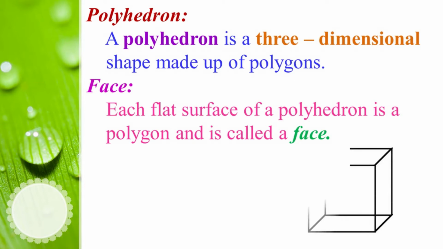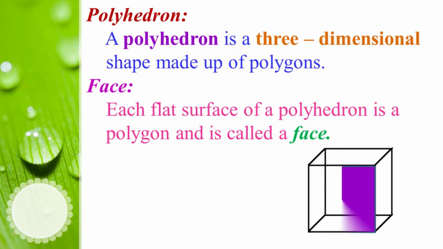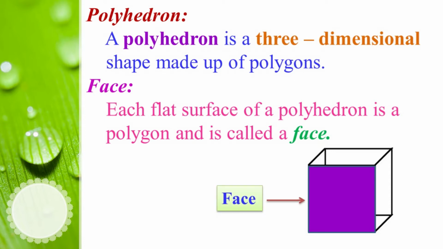Yes, this is one of the faces of the polyhedron. This polyhedron is a three-dimensional shape which has 6 faces. This is called one of the faces of the given polyhedron.